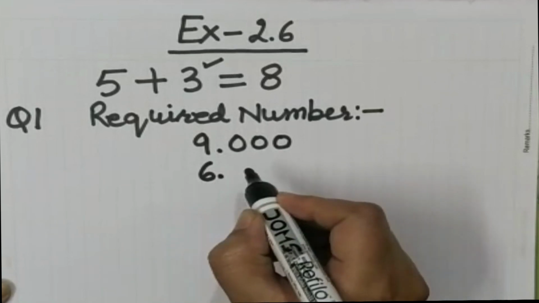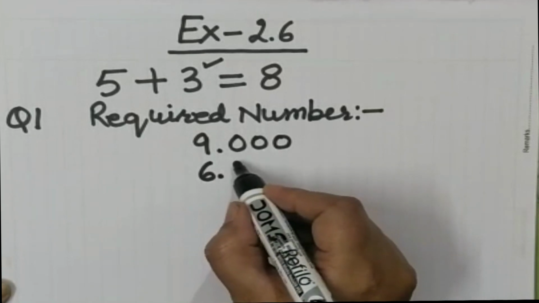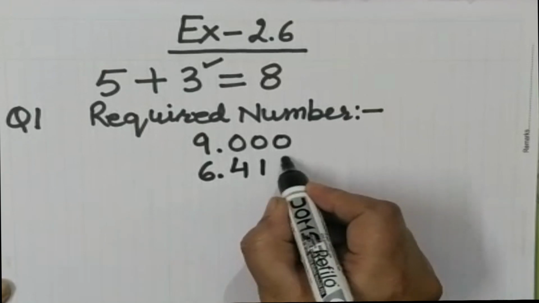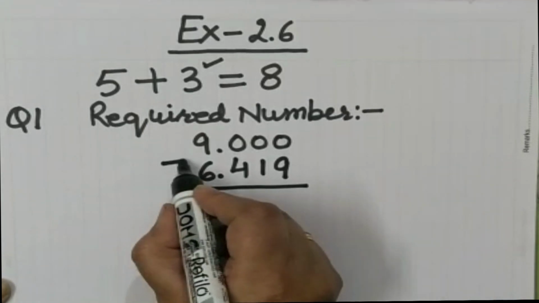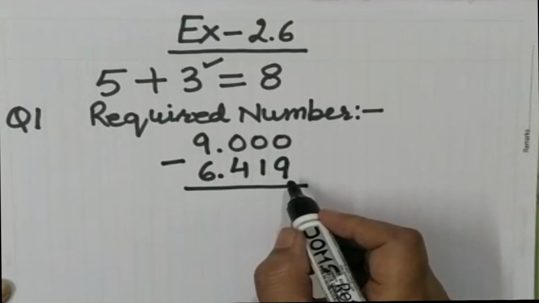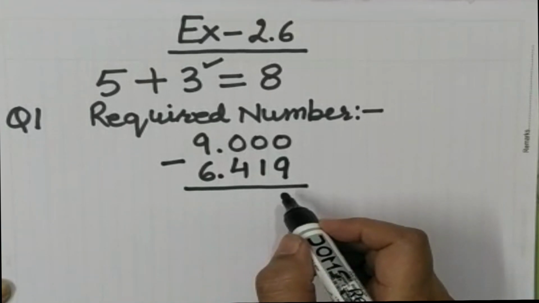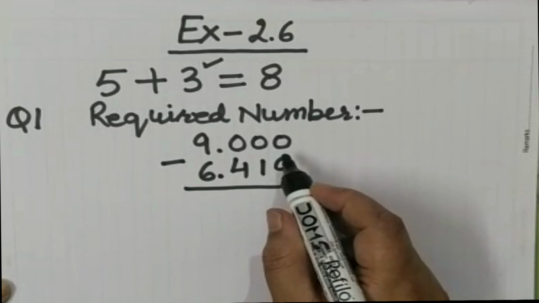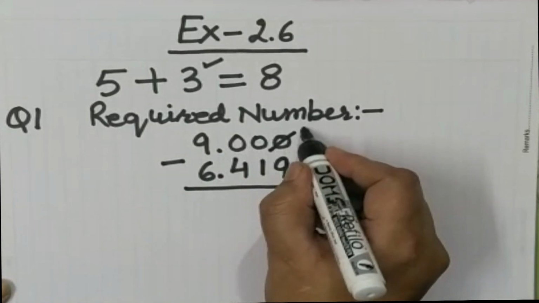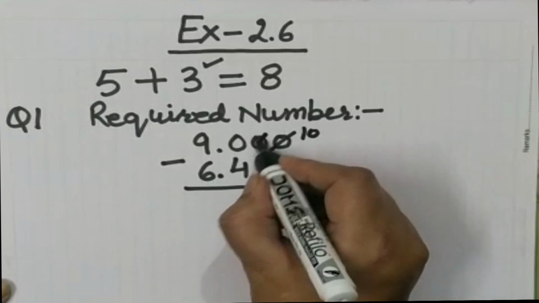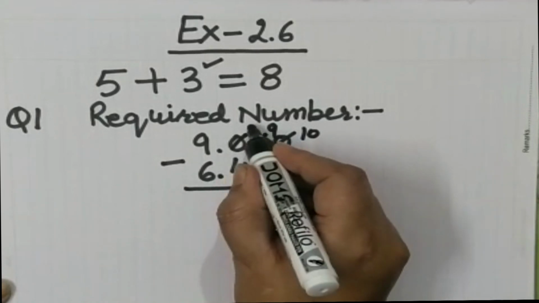First number is 6.419. So we have to perform subtraction between these numbers. You can find it, you know very well.